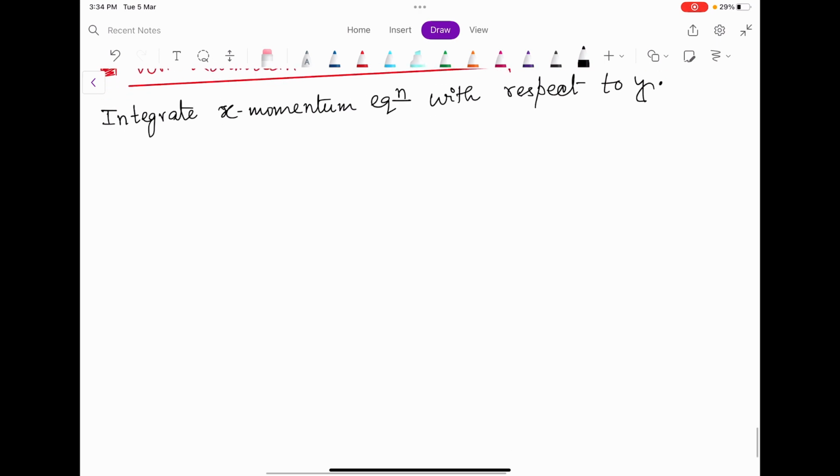Okay, so the x momentum equation is, so we are considering the flow over the flat plate.